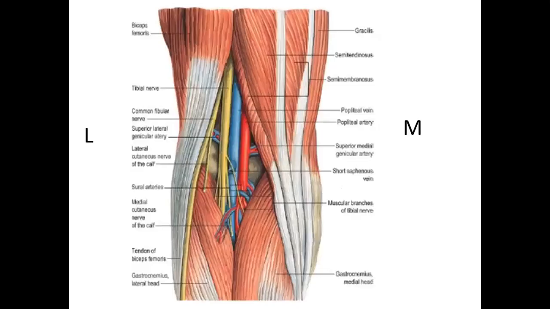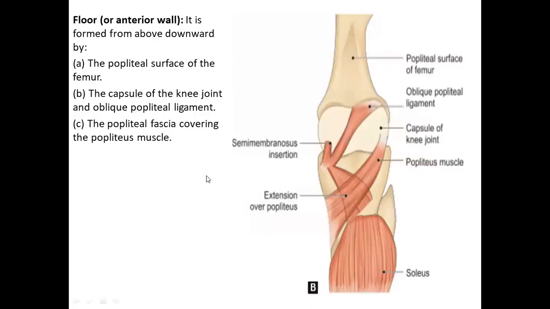So this is another diagram that shows the same things, but the medial side is on this side, and the lateral side is this one. Talking about the floor of the popliteal fossa, or the anterior wall, the anterior wall is formed from above downwards by the popliteal surface of the femur. And then you can see here, this is the knee joint, so you'll see the capsule of the knee joint.